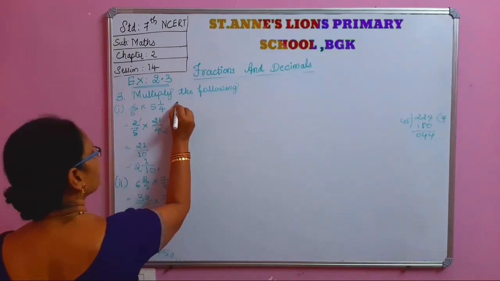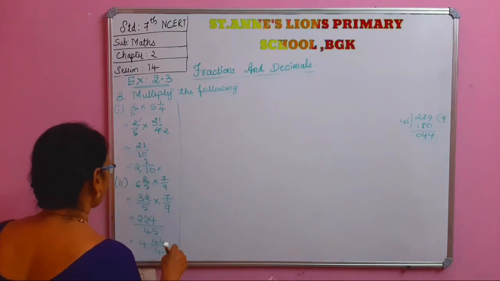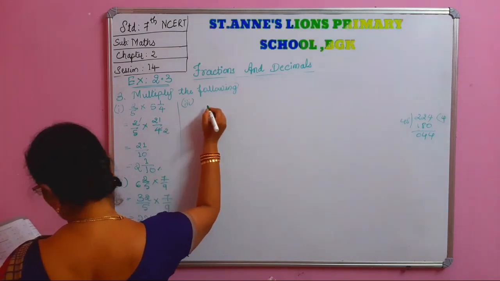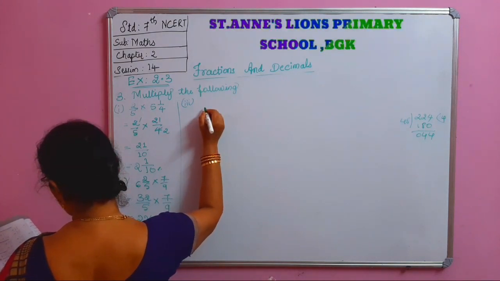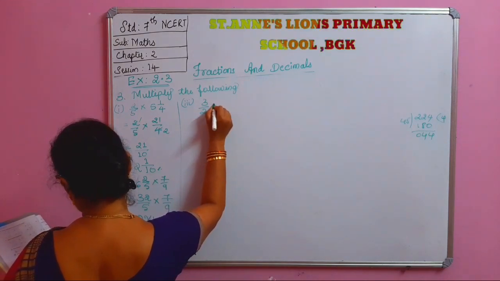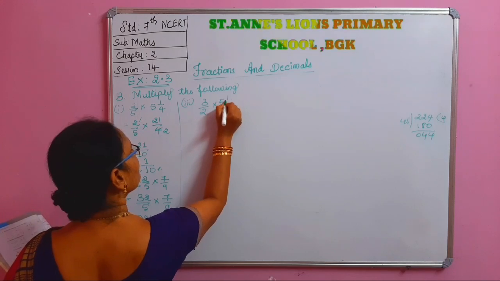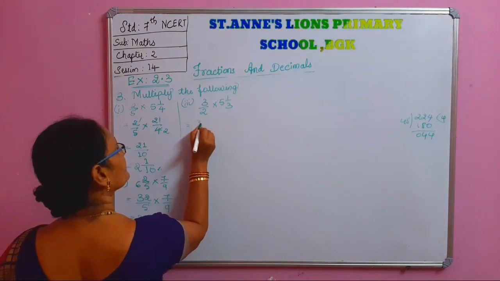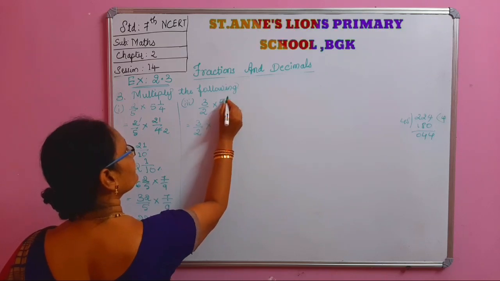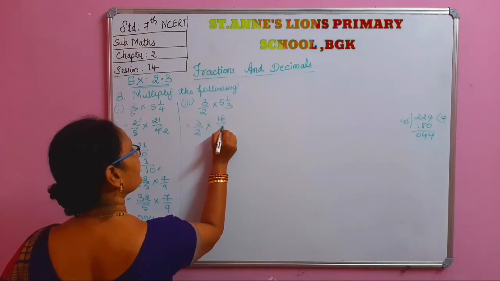Okay. Then next, third one in the third main, that is 3 by 2 into 5 integer 1 by 3. 3 by 2 into 3 fives are 15, 15 plus 1, 16 by 3.